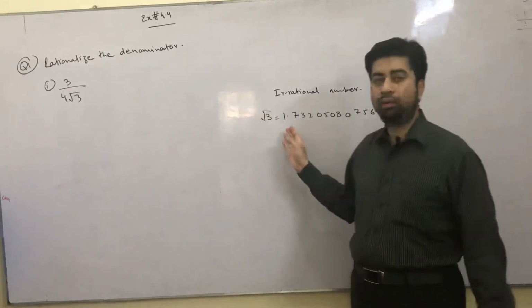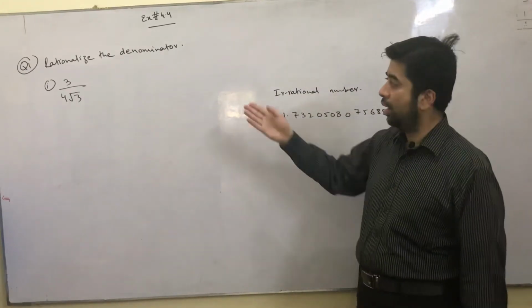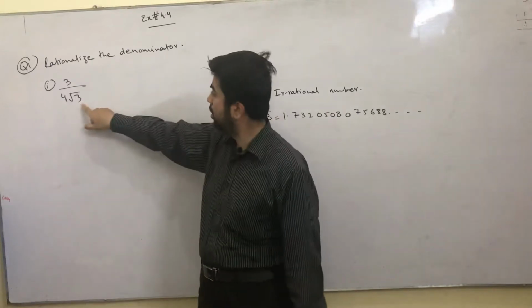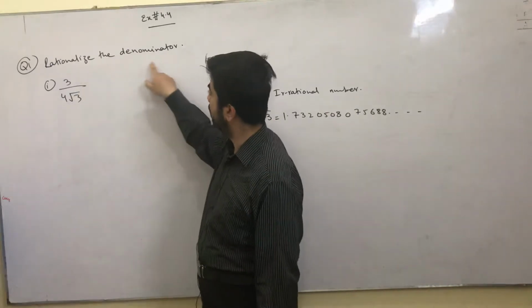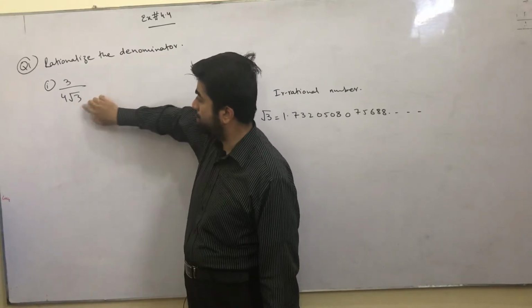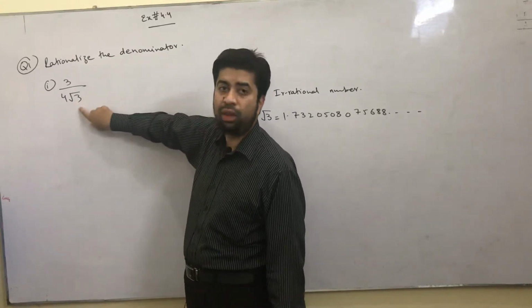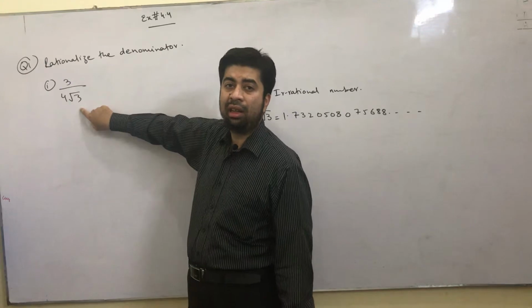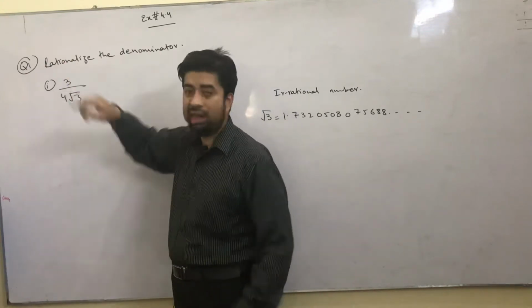I hope you got it. And for this square root 3, the question says to rationalize the denominator. In the denominator, only this square root 3 is irrational, so we have to rationalize it.